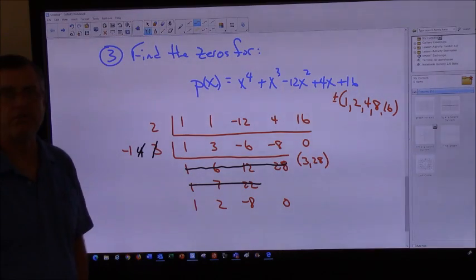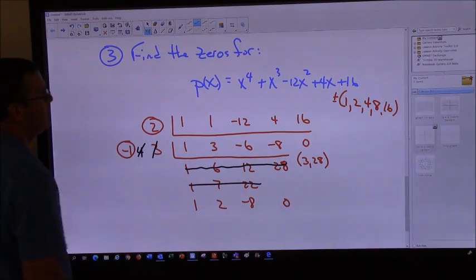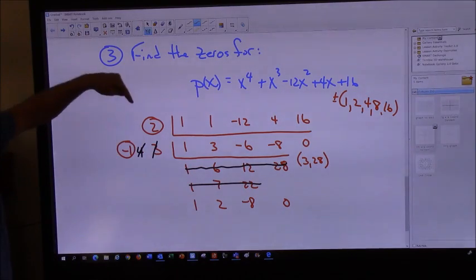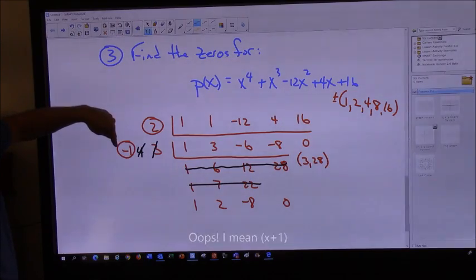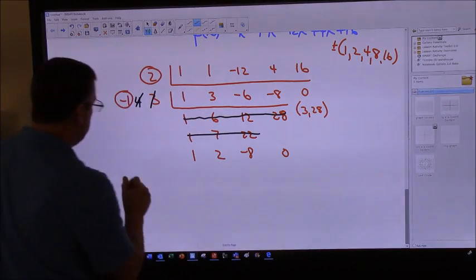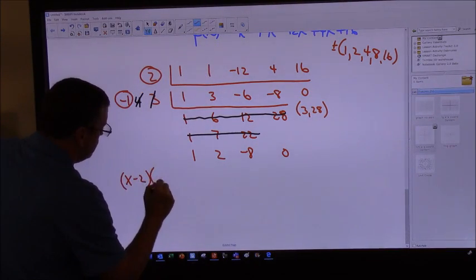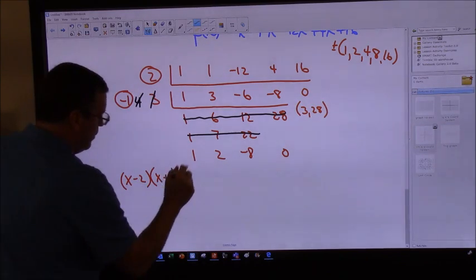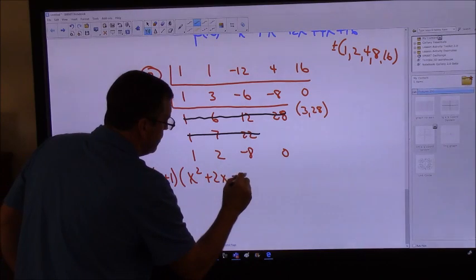So I found another one, right? I've got 2 zeros now. Those are my zeros. As factors, this would be x minus 2, this would be x plus 1. Okay? And that's what I would have down here at this point. I would have x minus 2 times x plus 1. This would now be x squared plus 2x minus 8.